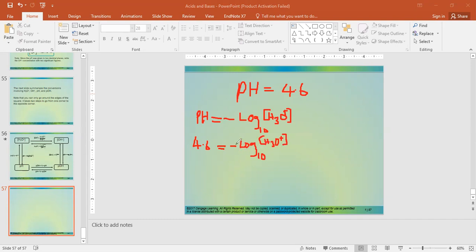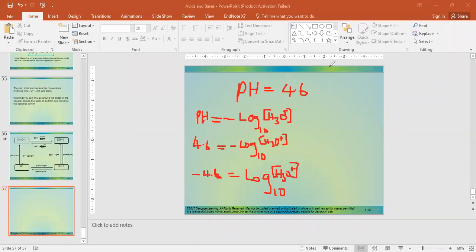You can do away with the negative here by multiplying both sides by negative, so that you now have negative 4.6. Negative 4.6 is equal to log to base 10 of what? The concentration of hydronium ion. Are we together there?